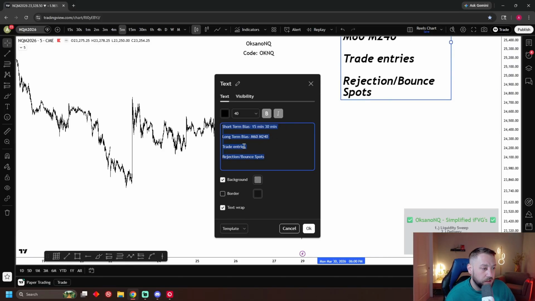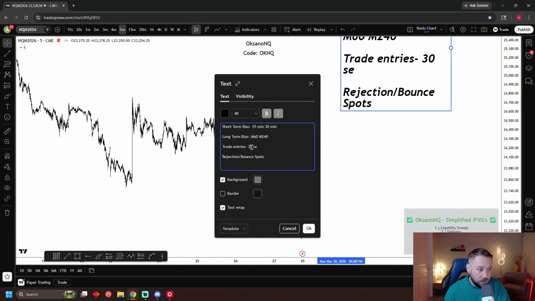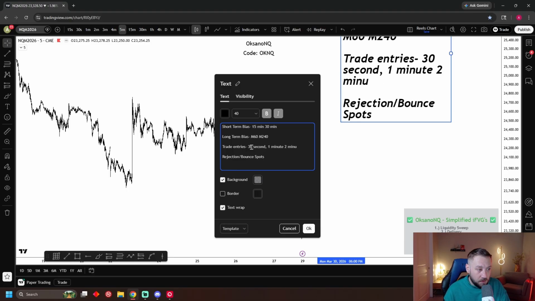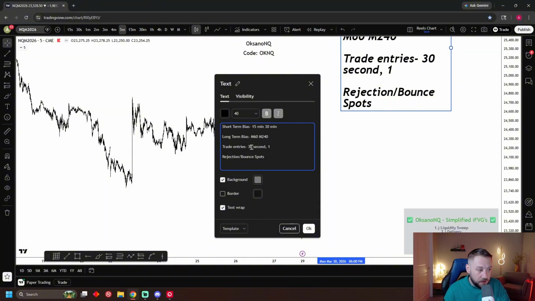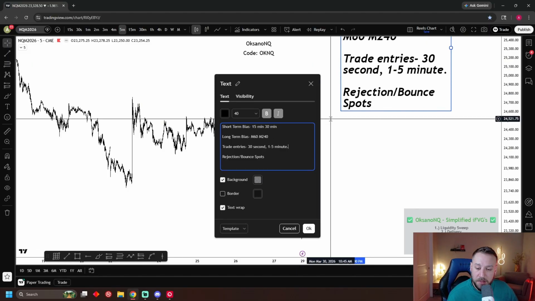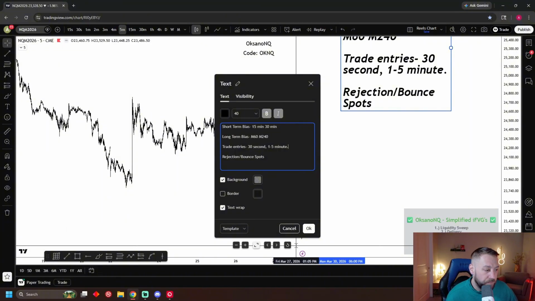Our time frame is going to be 30 second, 1 minute, 2 minute, and anywhere between 1 minute and 5 minute. Those time frames will be our entry time frames.